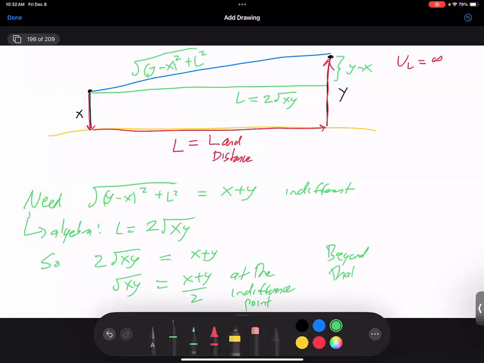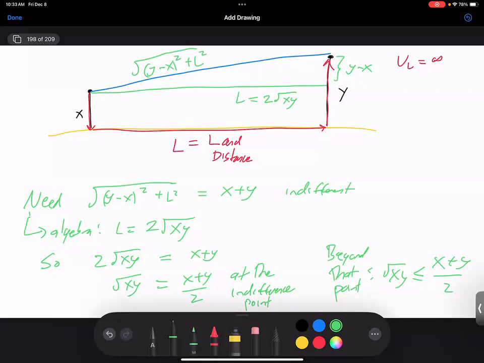Beyond that point, we will have square root of xy less than or equal to x plus y over 2. Because once we get beyond that point, it's going to be less time to go to land than to stay in the water.